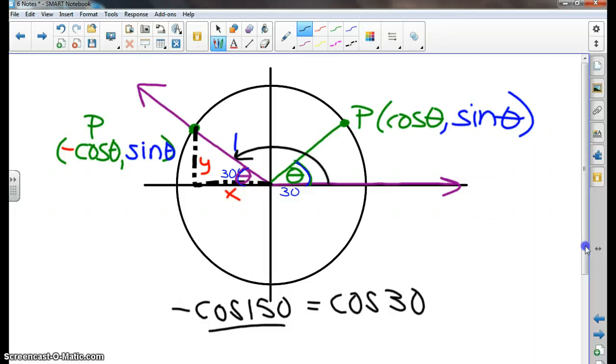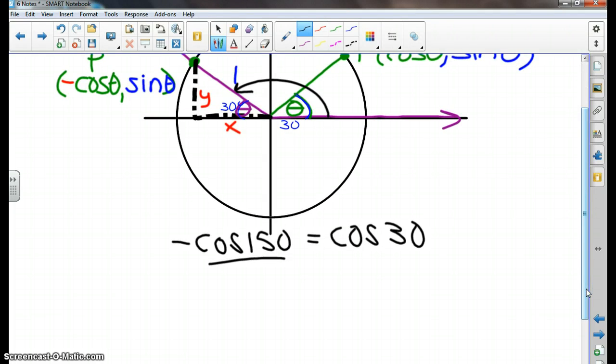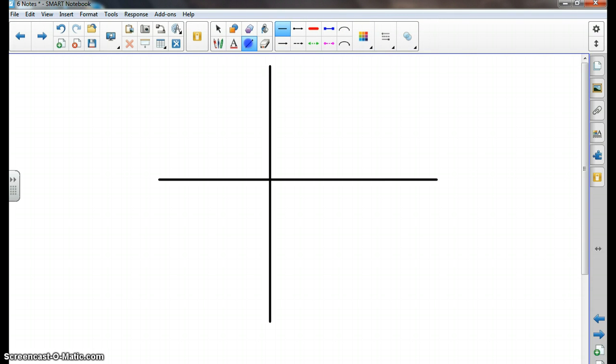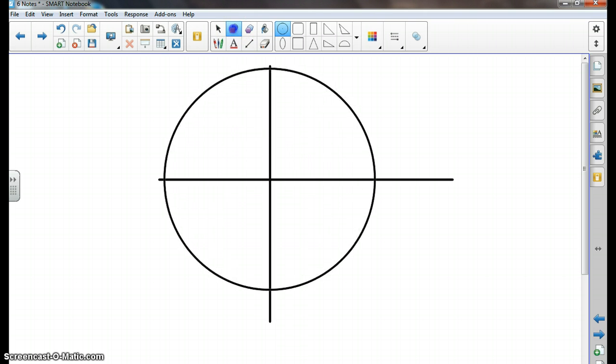Moving right along, if I were to draw an angle of rotation into the third quadrant, I'll do that on a fresh sheet of paper. Here's my unit circle. Here's its radius of 1.